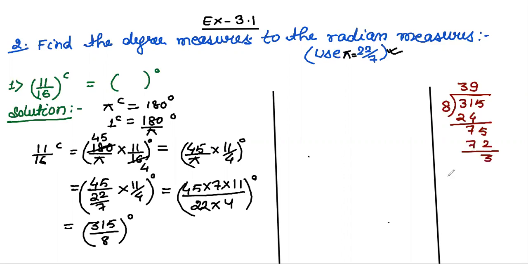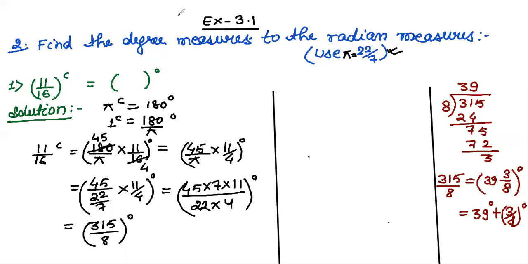So we can write 315 by 8 as 39 3 by 8. This is in degrees. So we'll write it as 39 degree plus 3 by 8 degree. And then we'll convert this fraction part again in terms of minutes.